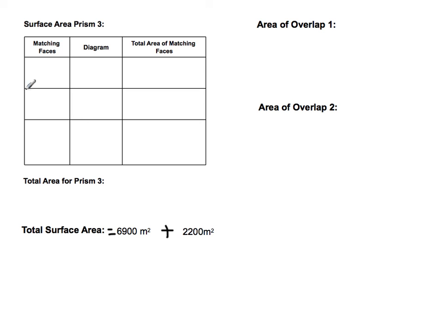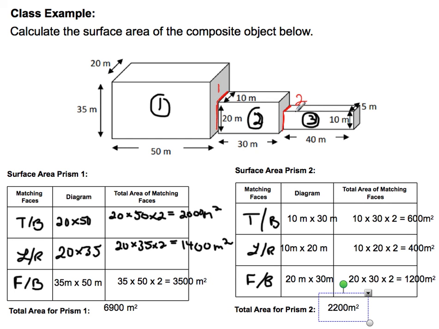Let's do Prism 3. And again, sorry, I'm going to have to flip back and forth. So left, right, top, bottom, left, right, front, back. So let's talk about the top and the bottom of Prism 3. So the top has dimensions of 40 by 5.